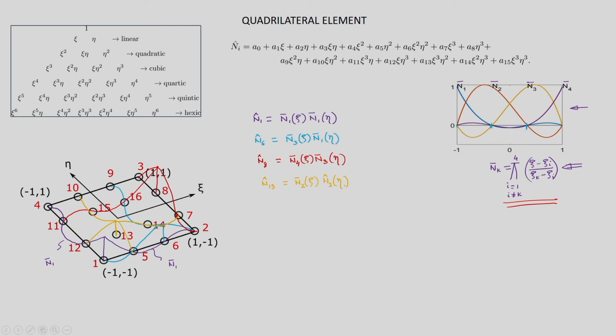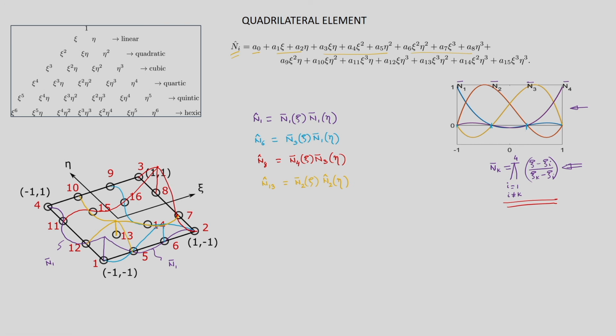So, now if we construct all the shape functions this way, we will see that in this case we have a total of 16 terms in the N i. Okay. So, the constant term, linear terms, and then we have the quadratic terms, cubic terms, and other higher order terms.